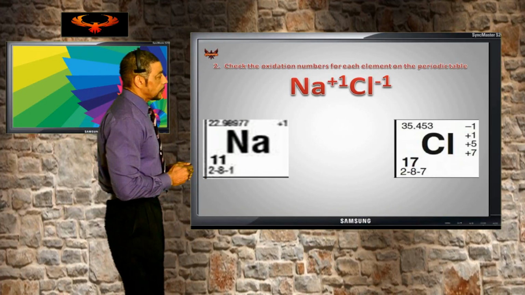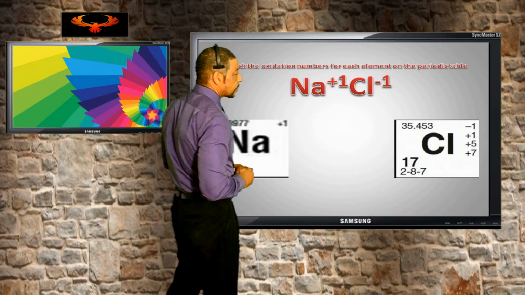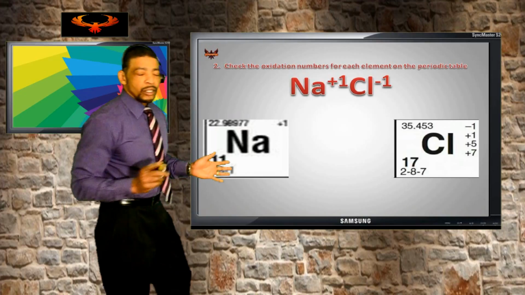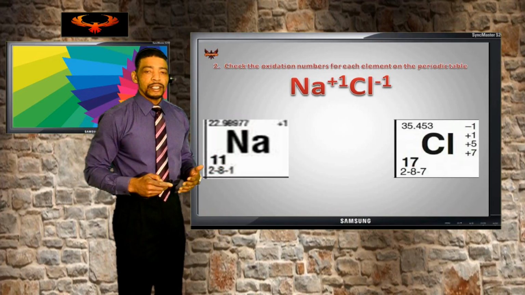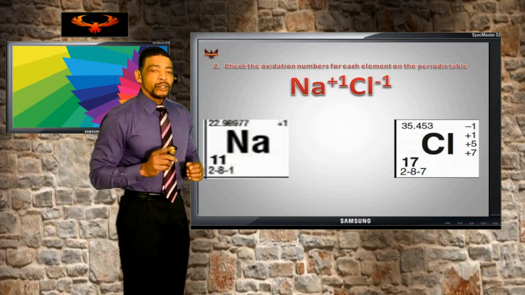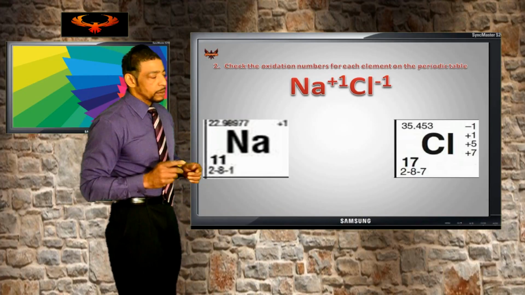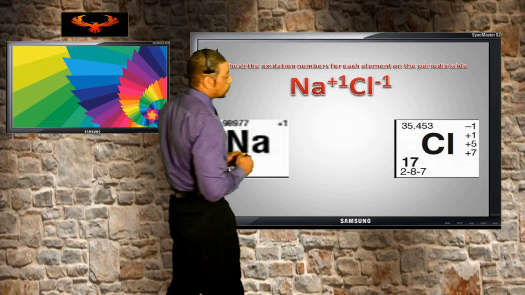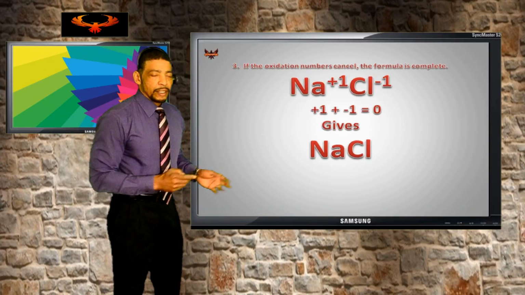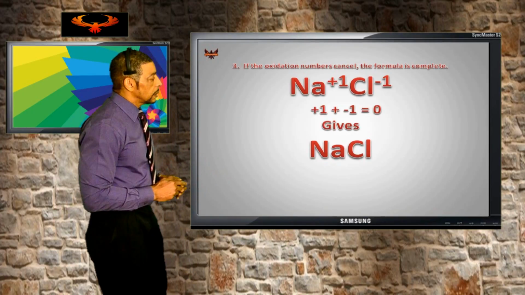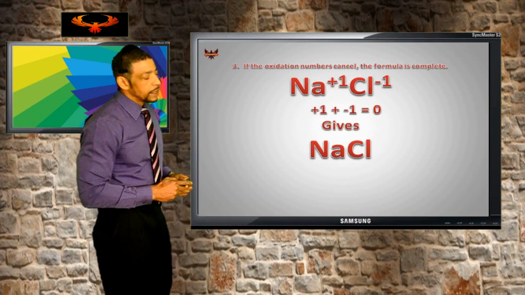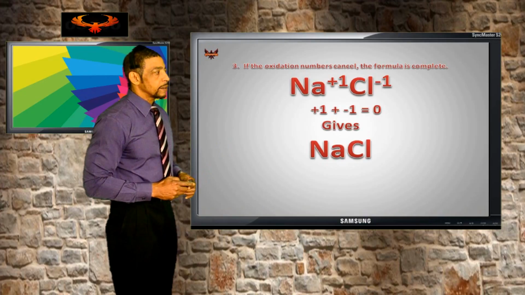The oxidation number for Na is +1, and chlorine contains multiple oxidation states, but in ionic compounds, always use the first oxidation number for the nonmetallic element. Therefore, the oxidation state of Cl will be -1. If the oxidation states cancel, the formula is complete. Clearly, +1 cancels -1, so the formula for sodium chloride is simply NaCl.